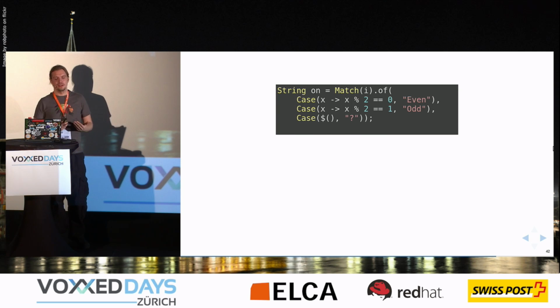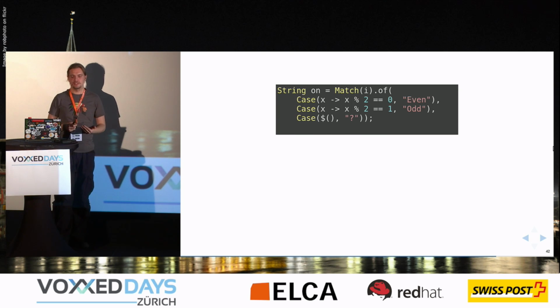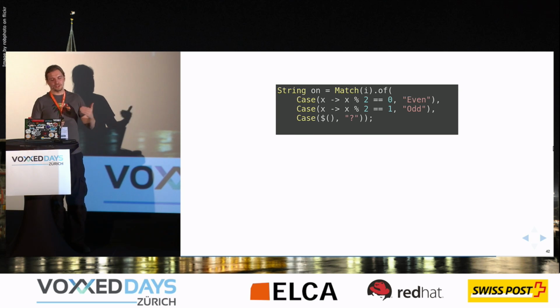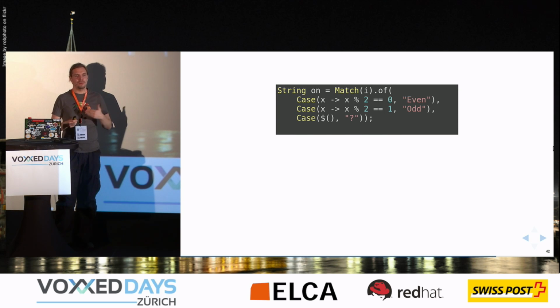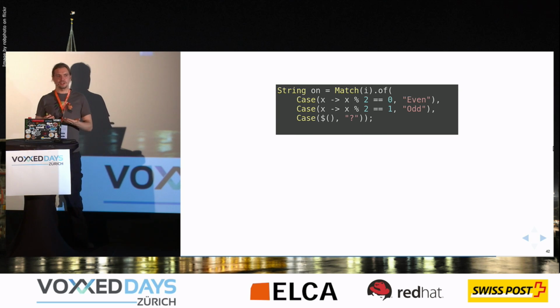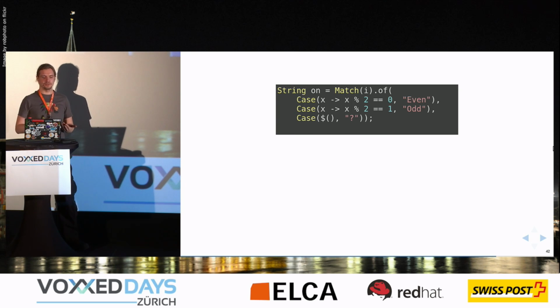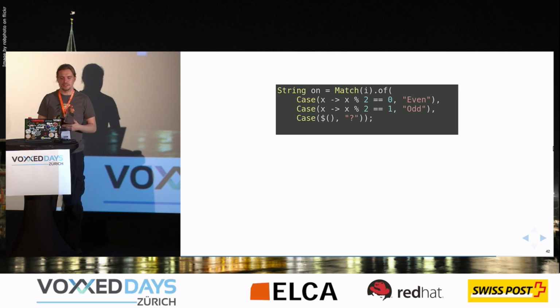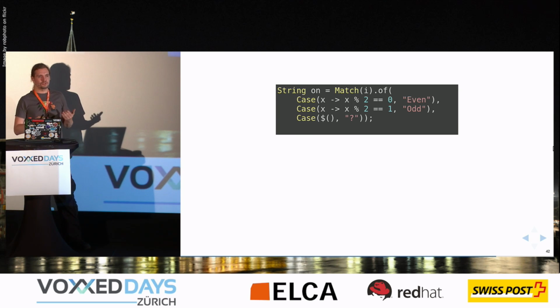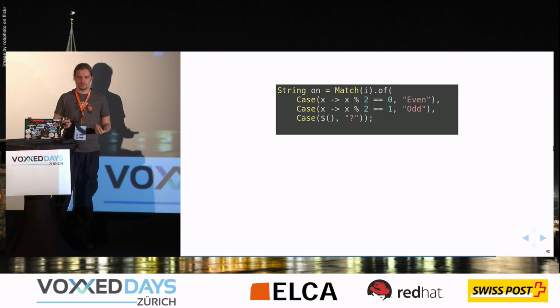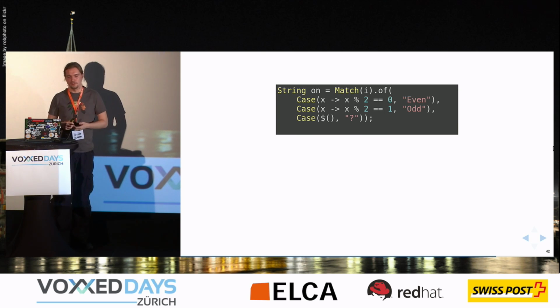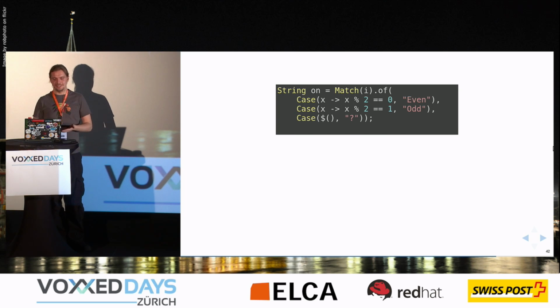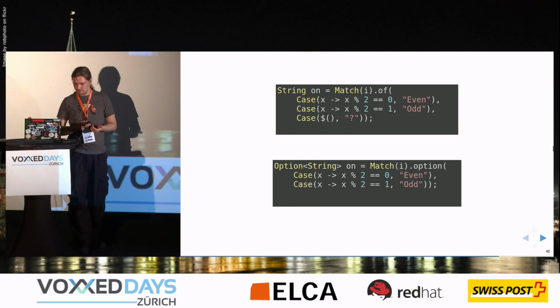So as you can see here, it's a very simple case where we have cases where you provide predicates, and if the matched value matches, the associated value is returned. So for example, if our integer i is even, it falls into the first case, and the even string is returned. If it's not, it's odd. Well, and if there is any other possibility, there you have a question mark.